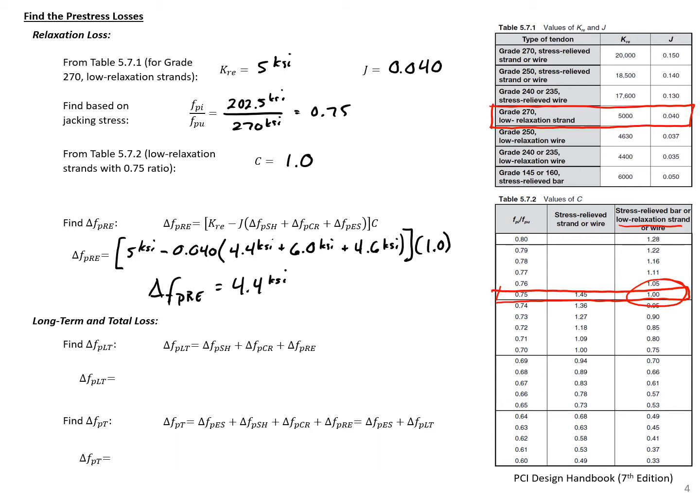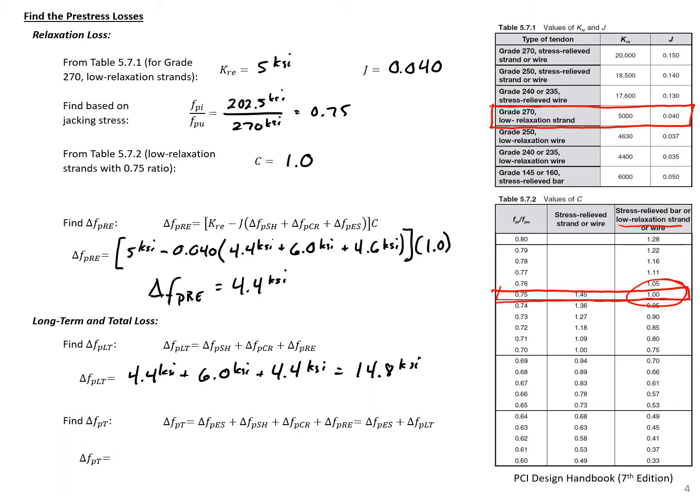KSI. We can then add our shrinkage loss, 4.4 KSI, plus our creep loss, 6.0 KSI, plus our loss due to relaxation, 4.4, to get our total long-term losses, which will be 14.8 KSI.